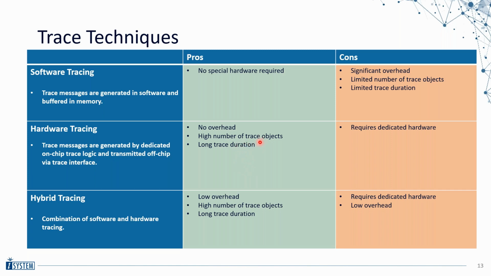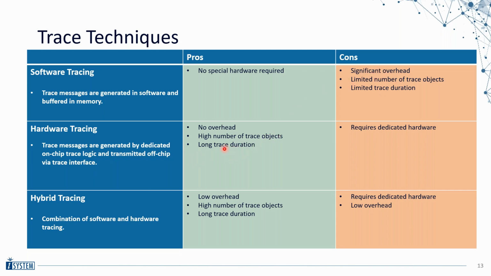This is all fairly relative. By a high number of trace objects, I mean it's usually feasible to record all tasks and ISRs, and often it's also feasible to record even runnables and functions in addition to that, whereas recording 200 runnables with software tracing is definitely a challenge, usually not feasible.